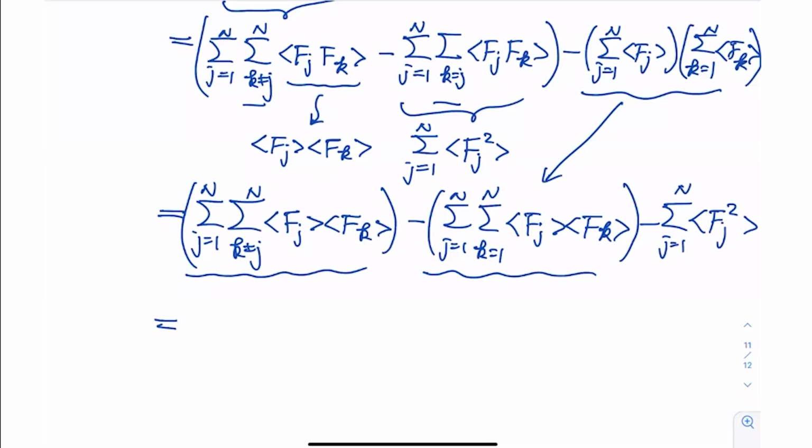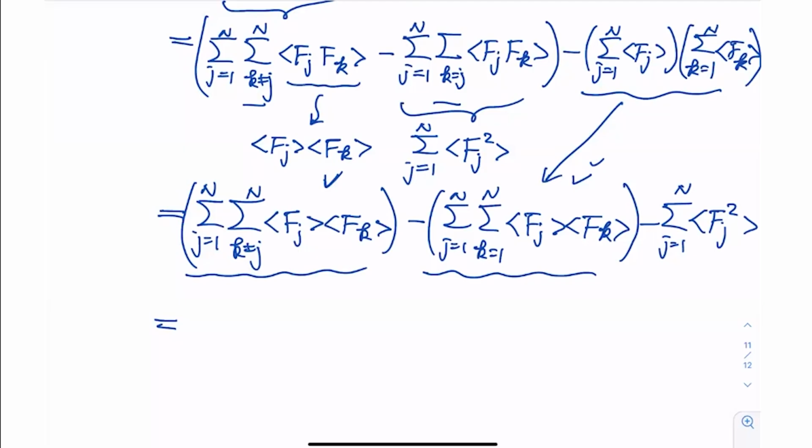Basically there's just one term that's different, because when k is not equal to j, what is contained here will be killed by what is contained in the second bracket. When k is equal to j, there's no such term in the first parenthesis, but there are several terms in the second parenthesis.